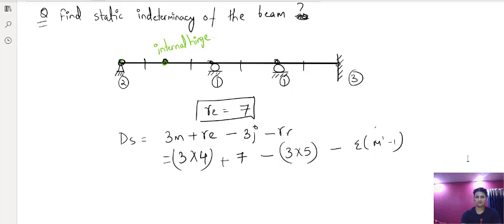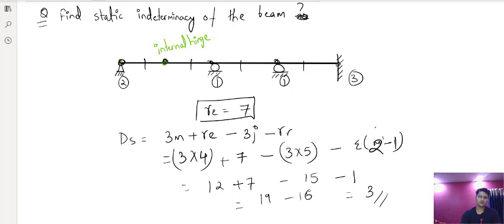So 2 minus 1. Here it will be 12 plus 7 minus 15 minus 1. 12 plus 7 is 19, and 19 minus 16 will give you 3. So the value of ds comes out to be 3.